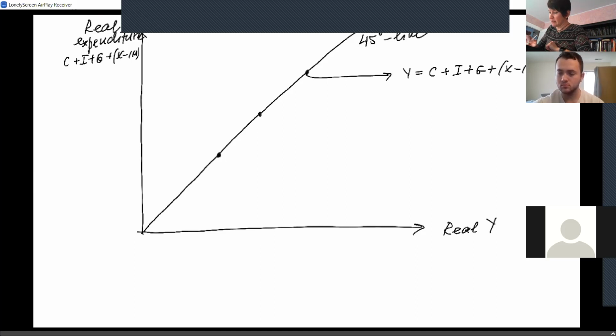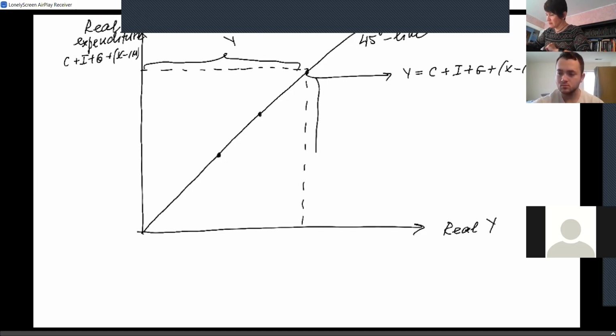How can we see that? Measure the horizontal distance. This is the output. Measure the vertical distance. This is C plus I plus G plus net exports. On a very carefully drawn 45-degree line, you find that the two distances are the same.